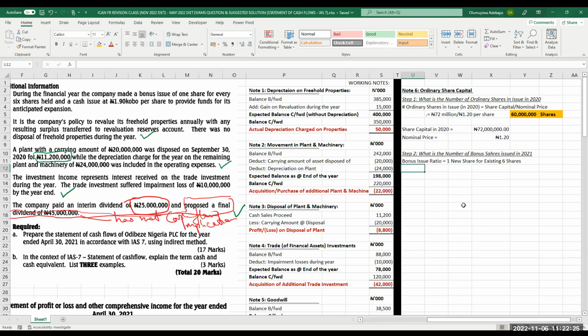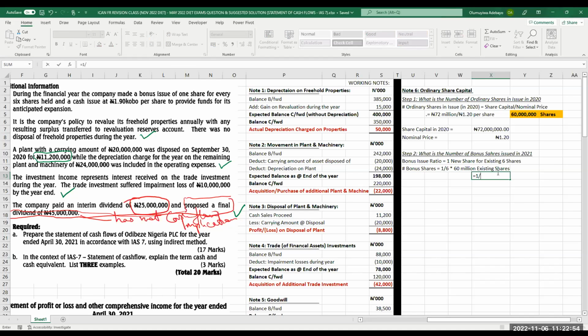Therefore, the number of bonus shares will be equal to 1/6 multiplied by existing shares, which is 60 million. And therefore, what is that?